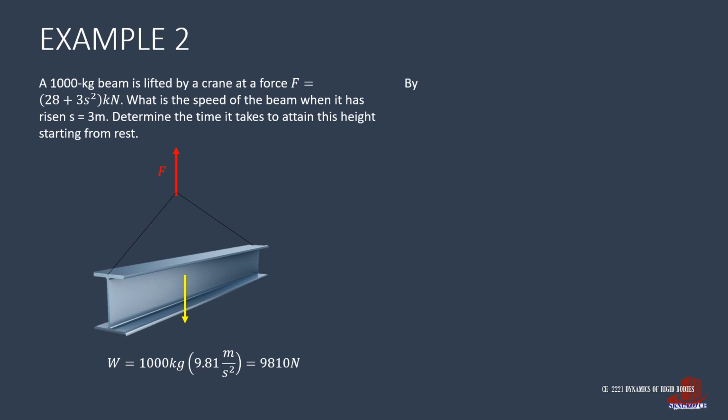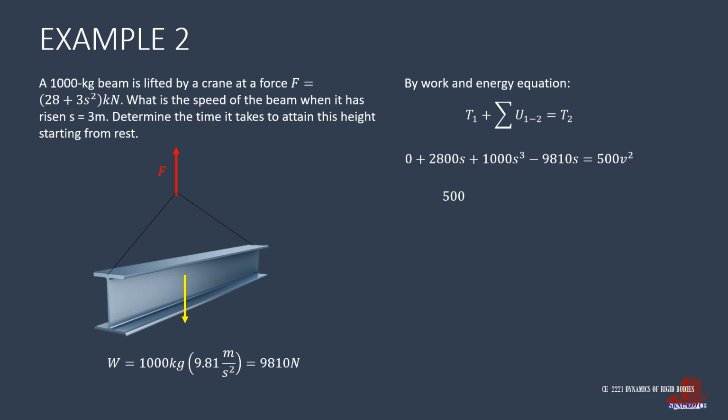With the three terms already identified, plug each into the work energy equation to have 0 plus 2800 s plus 1000 s cubed minus 9810 s is equal to 500 v squared, which can be simplified as 500 v squared is equal to 1000 s cubed minus 7010 s.